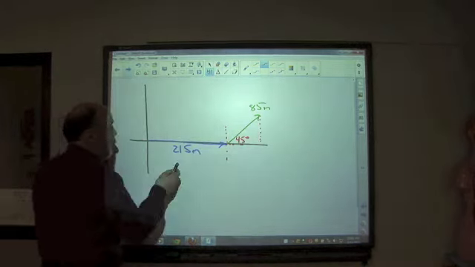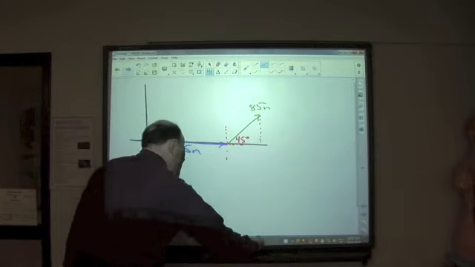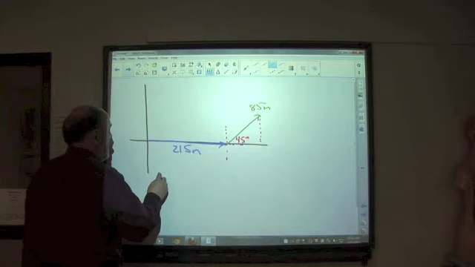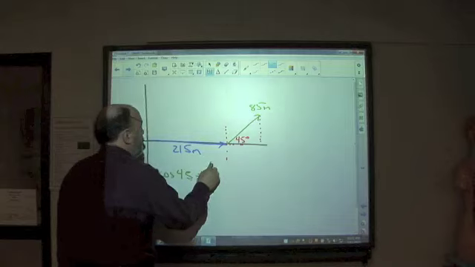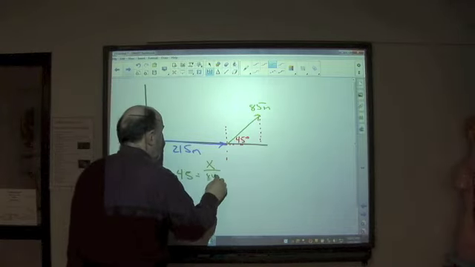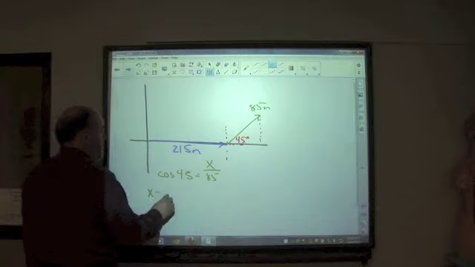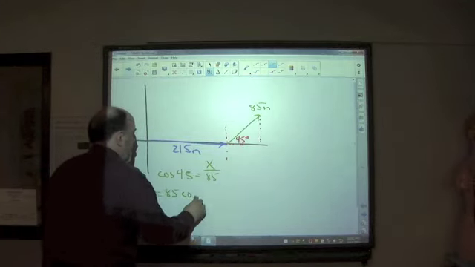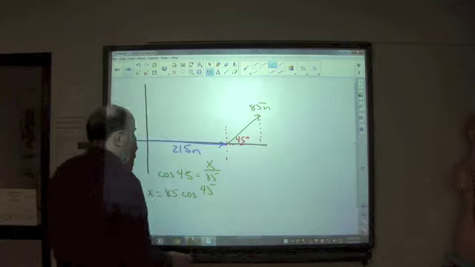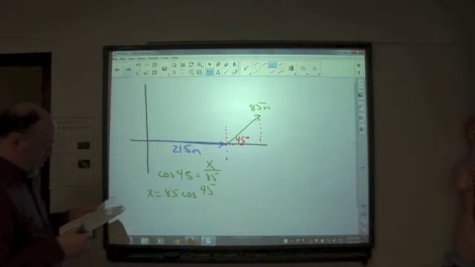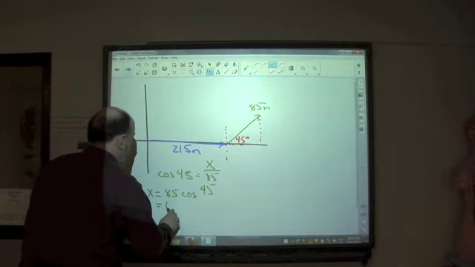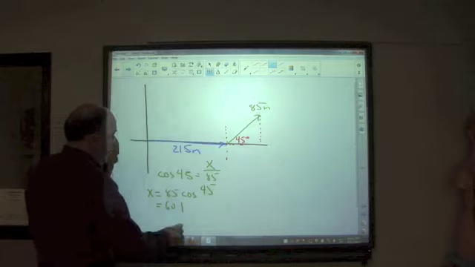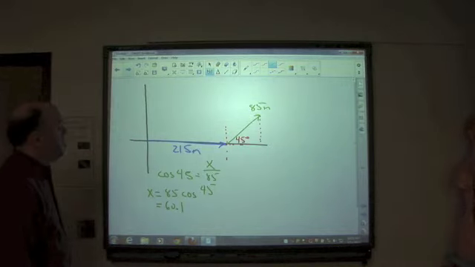And so we have that in terms of the x, we get that the cosine of 45 is equal to x over 85, which means x is going to be 85 cosine 45. And you put that in, and that'll come out to be 60.1 for that part.